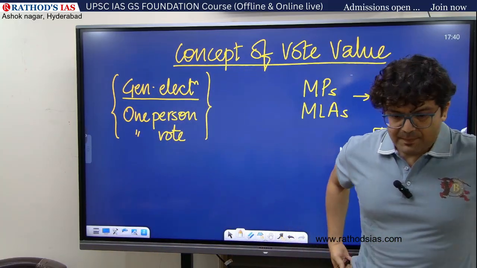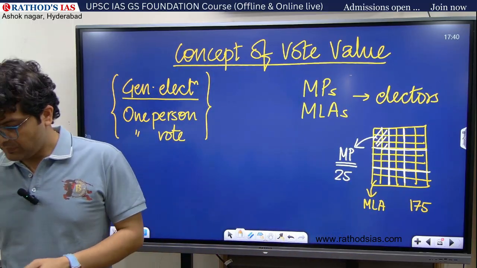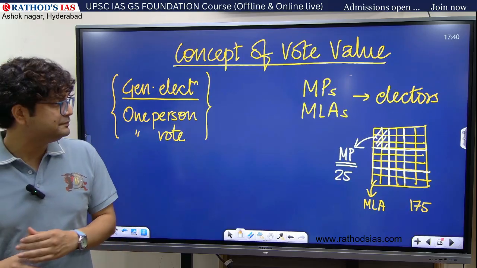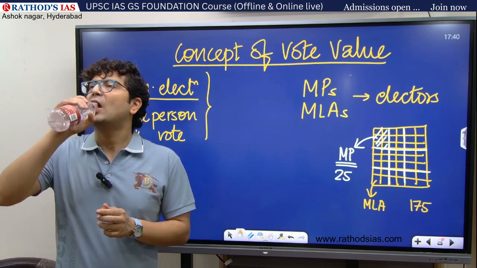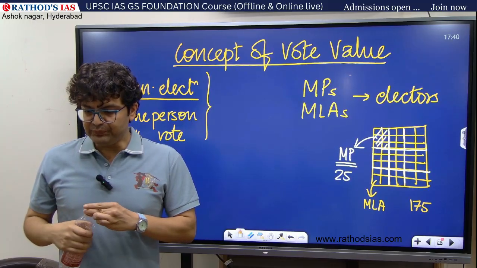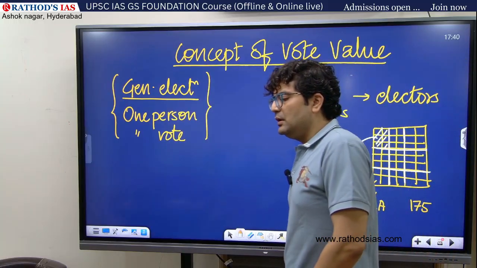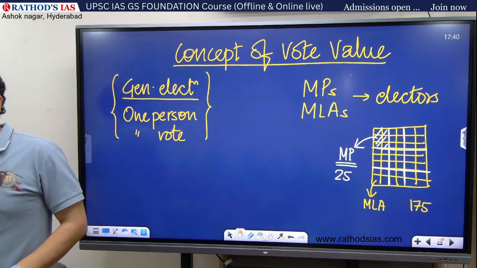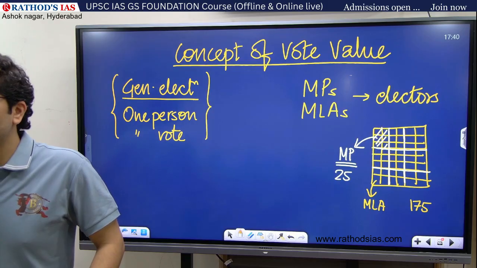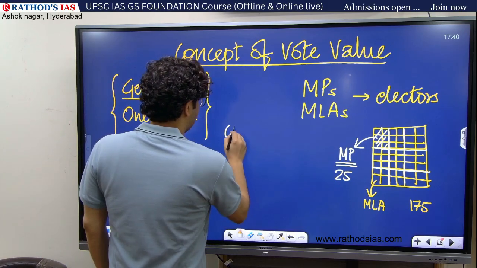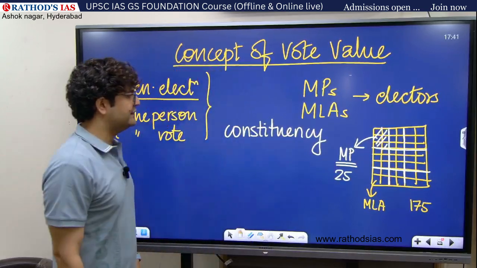Vote value of MP must be greater than the vote value of MLA, because the MP represents a larger constituency size, because MP represents larger constituency size.